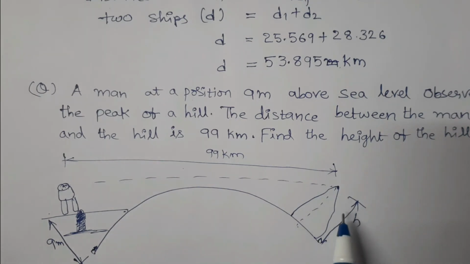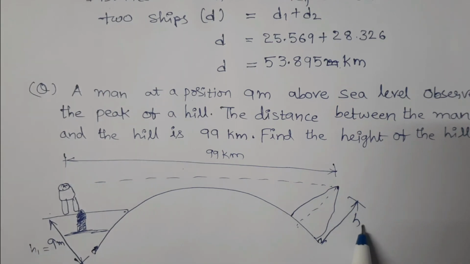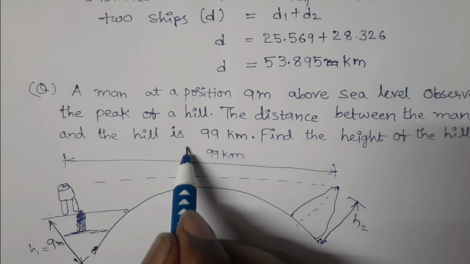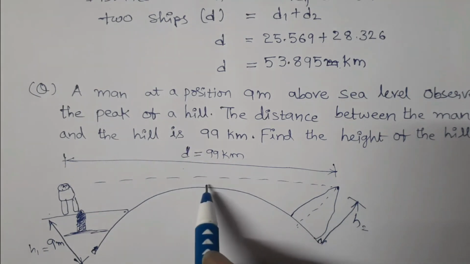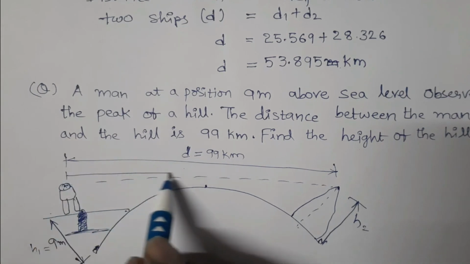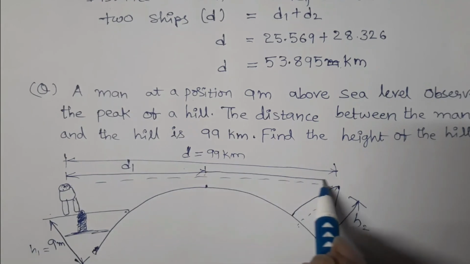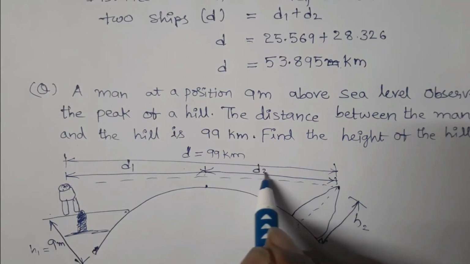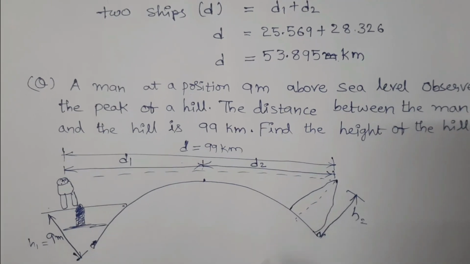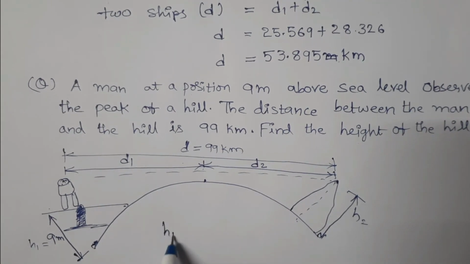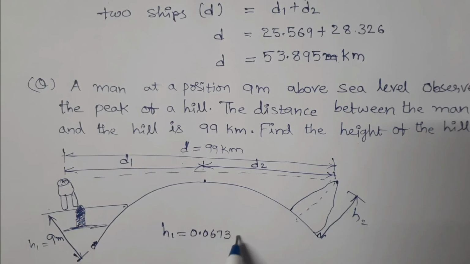We can get the height of the hill taking the curvature and refraction effects between these two positions. This is h1. Height of the hill is h2. This is total distance d. We need to find the distance between this position to this position. Say it is d1, and this position to this position is d2 in kilometers. h1 is equal to 0.0673 d1 square. h1 is 9 meters.